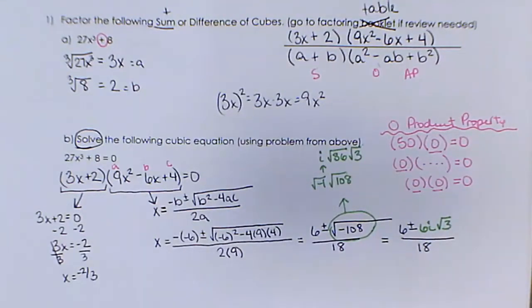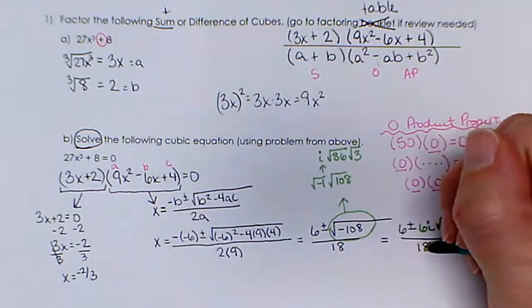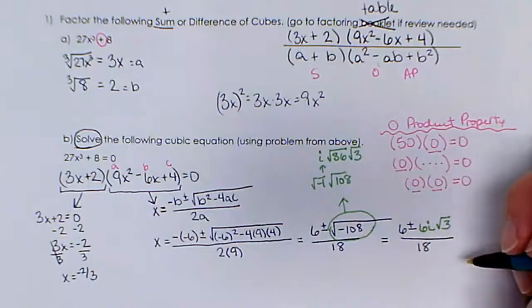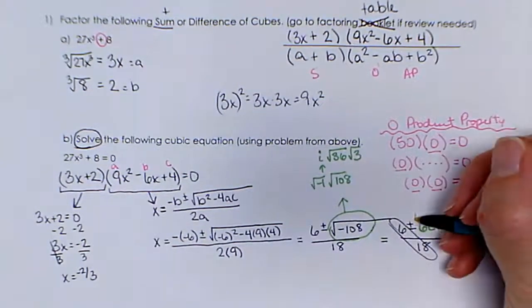And now I see that I have a term and a term and a term that all are divisible by 6. So I'm going to divide these two by 6, and I'm also going to divide these two by 6.